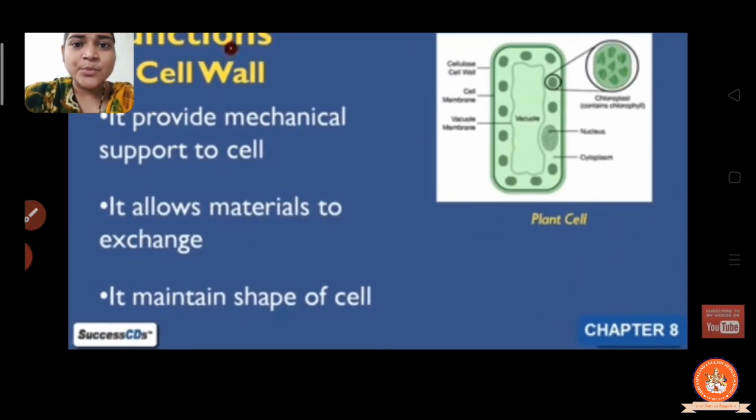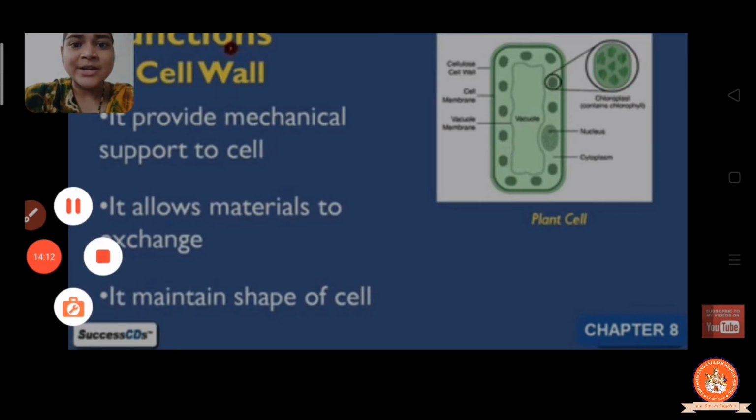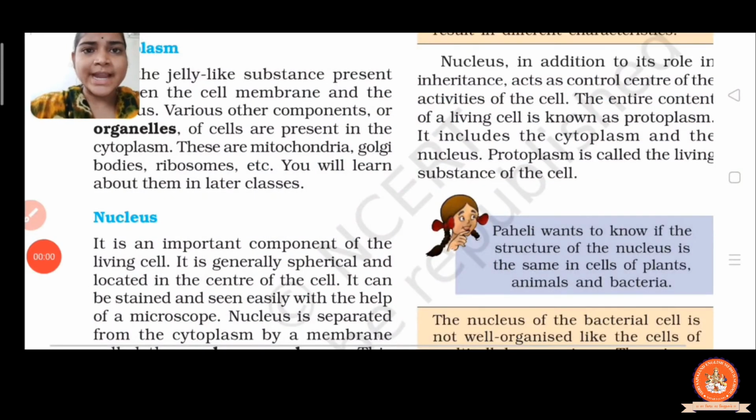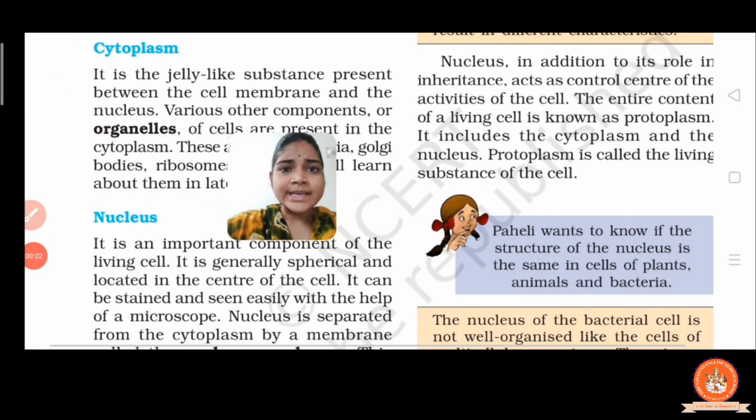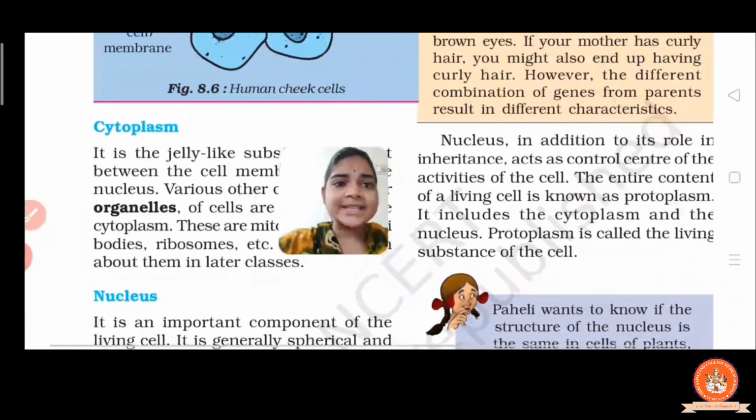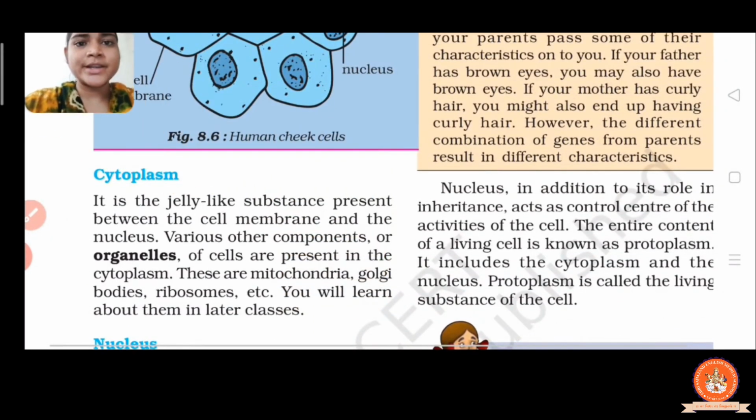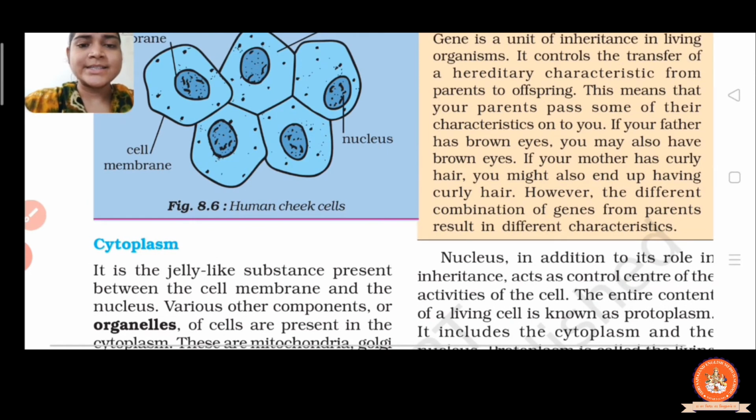Now the next topic we have is cytoplasm. The cytoplasm is the jelly-like substance. We already discussed that the cytoplasm is a jelly-like structure. It is the fluid substance, right, which is present between the cell membrane and the nucleus.